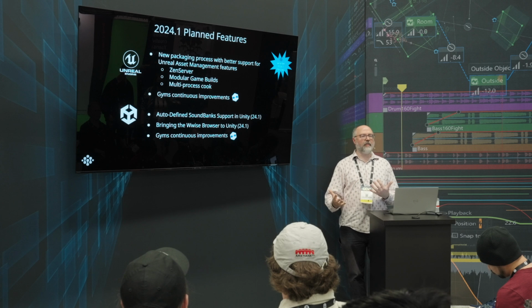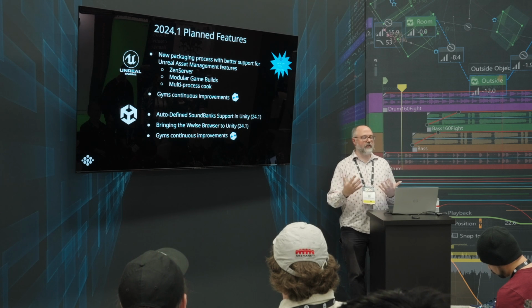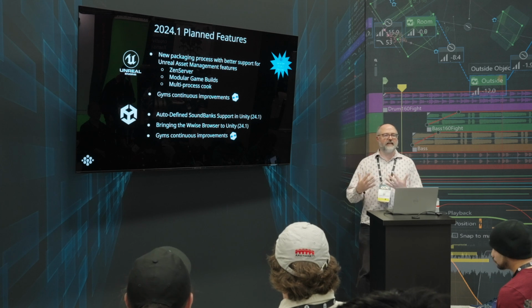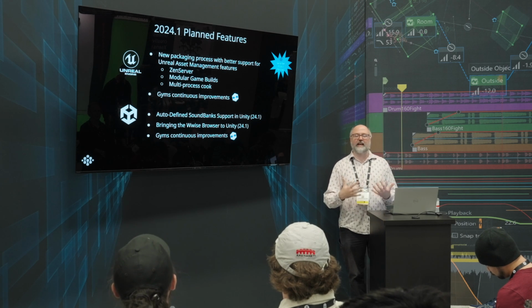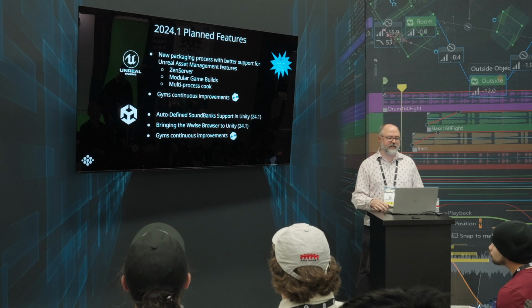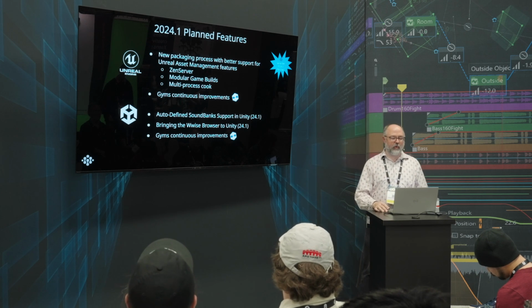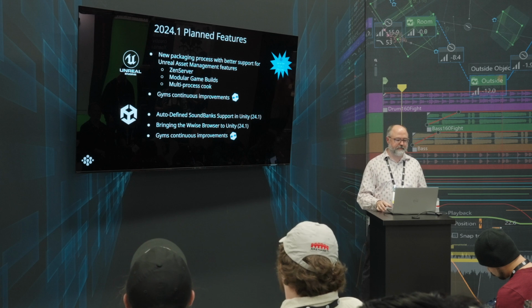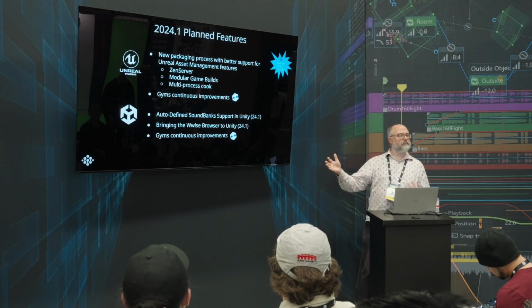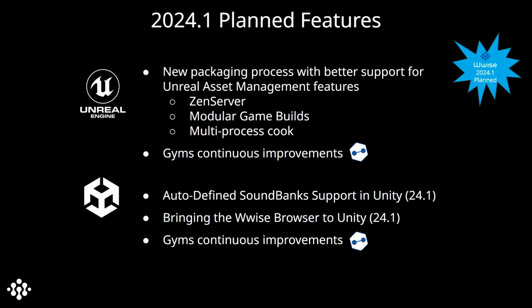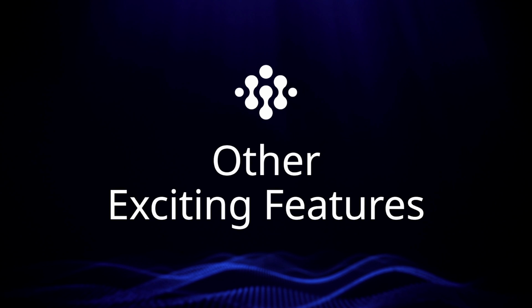While we still allow that ability to optimize that using user-defined sound banks, auto-defined sound banks is an integral piece that can automate that asset management solution, and we're bringing that to Unity in 24.1 as part of the addressable system. As well, we're carrying that Wwise browser that we talked about, and we'll continue to update GIMs moving forward as we add and expand on those great possibilities.